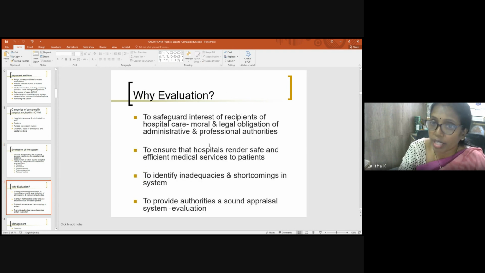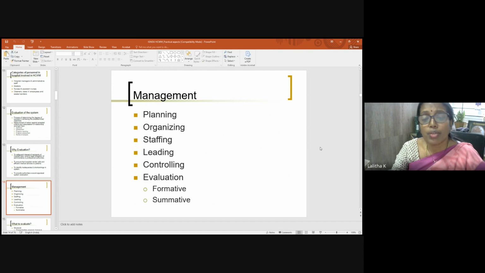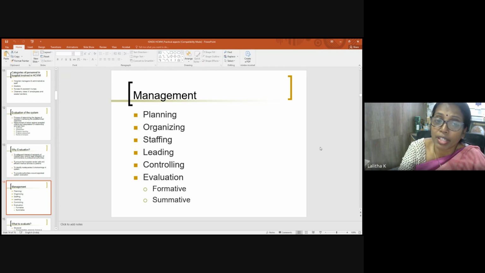It is important in the interest of hospital care, to ensure that hospitals are safe and providing medical services to patients, to identify any shortcomings or inadequacies where we can improve, and to provide authorities a sound appraisal system. Management and administration are two different things. Management looks at planning, organizing, staffing, the whole process, while administration is the day-to-day affair.